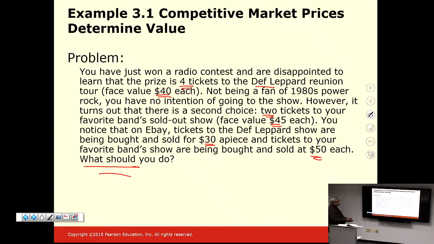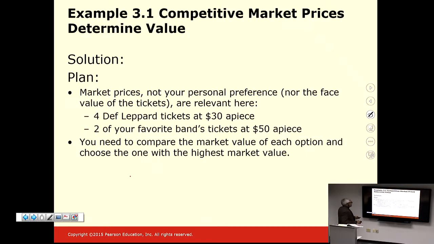Not using your emotion, if you're trying to determine valuation using cold, hard, objective facts, how should you value this proposition? Well, first, you start putting a dollar value to it. 4 Def Leppard tickets are being sold at $30 a piece, and 2 of your favorite band's are being sold at $50 a piece.